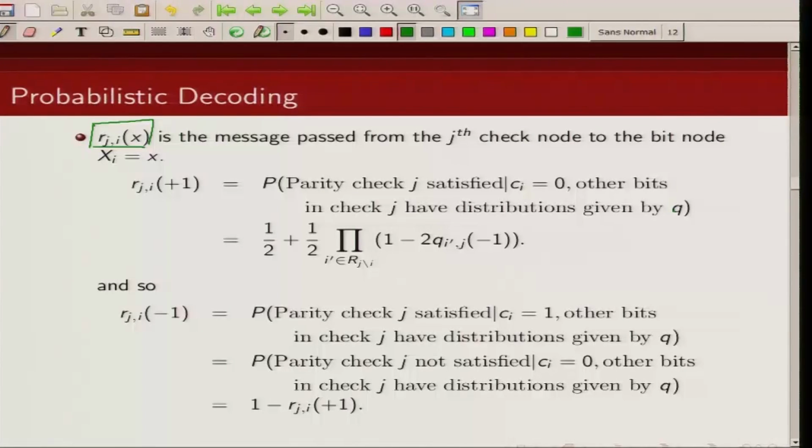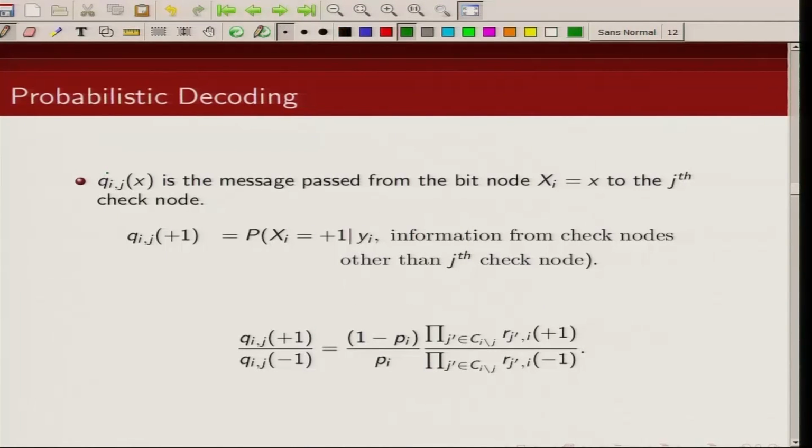Now, what is this Q distribution? We will come to that. There are two types of messages. If I draw any Tanner graph, let us say this is some graph I am drawing, there is one set of messages which is going from the message nodes to the check nodes, like this, and another set of messages which is coming from the check nodes to the message bits.